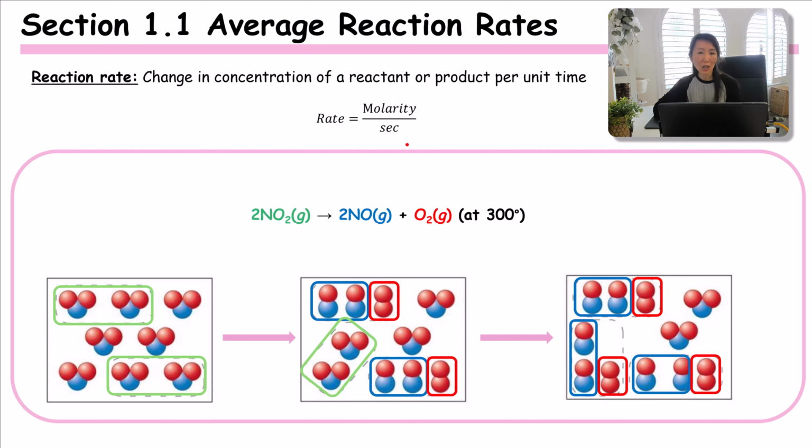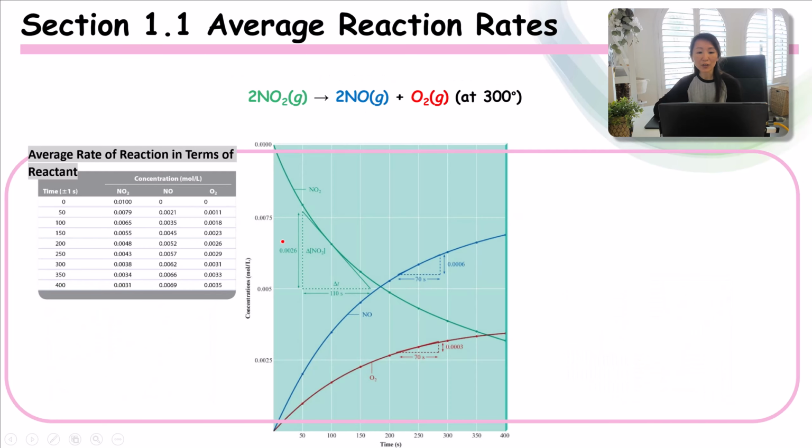Let's focus a lot more on the reactant. How do we find the reaction rate of disappearance of NO2 over time? If you look at this graph here, this is a graph of the reaction of NO2 in green. The green, you'll notice that the concentration is diminishing as time passes. If you look at this box over here, you see the value of the NO2 decreasing over time.